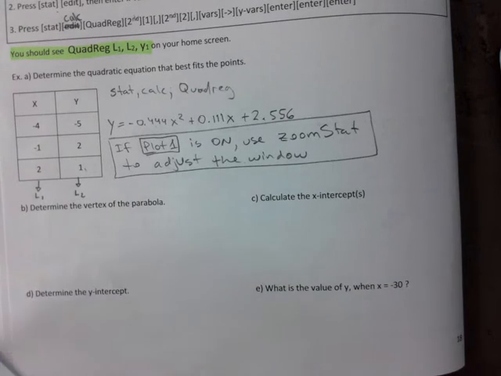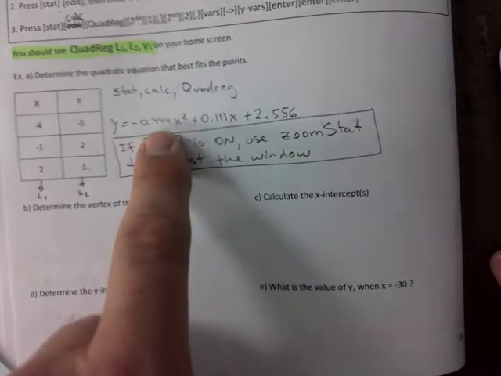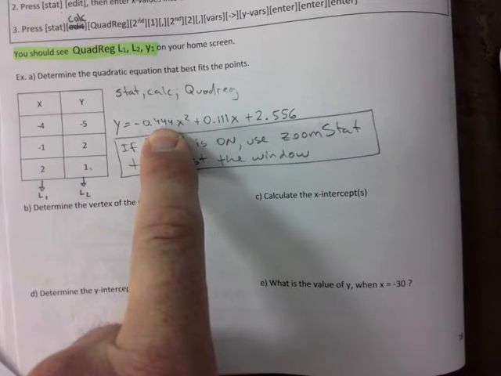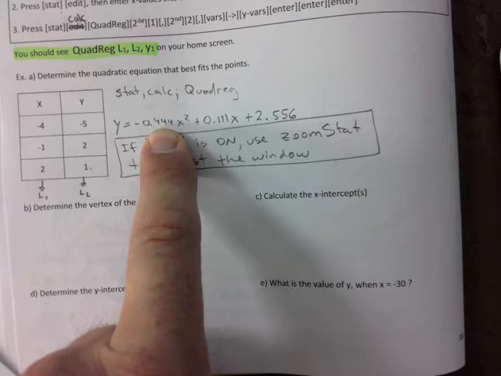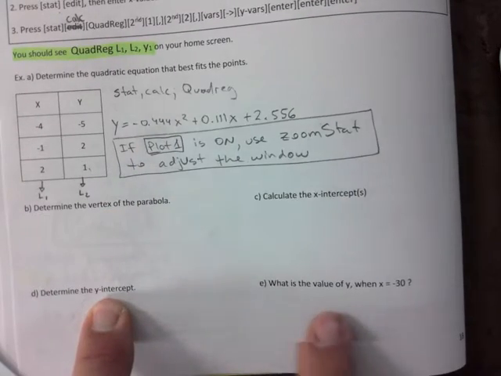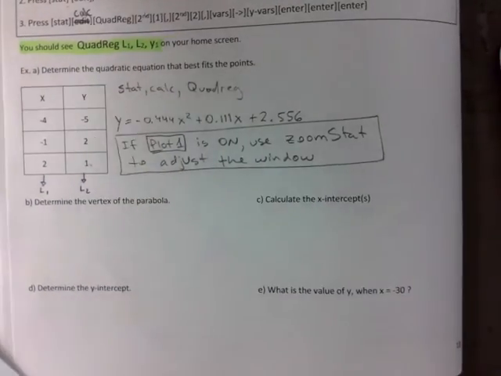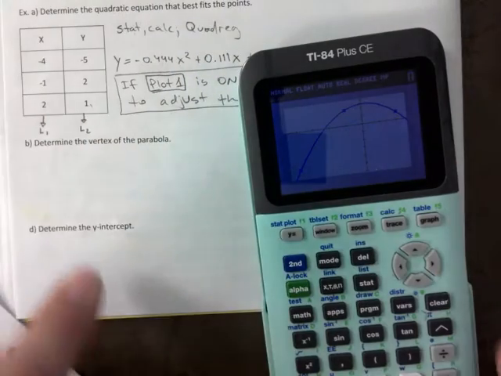Okay, let's find all the information, because now that we have an equation, it's basically back to what we've been doing so far. So you can find the vertex, you can find the x-intercepts, you can find the y-intercept, you can find any other information I throw at you. Okay, so let's do that. So grab your calculator.